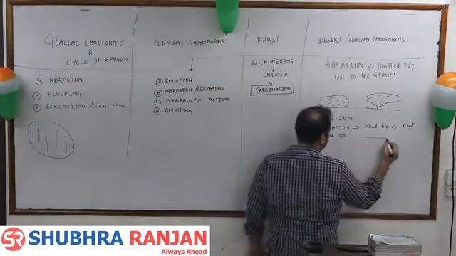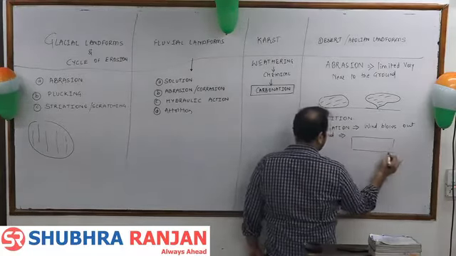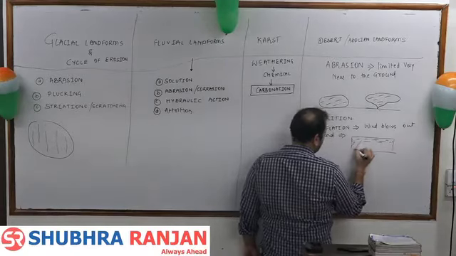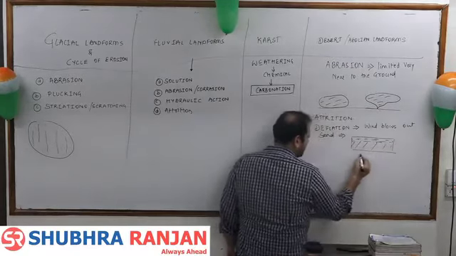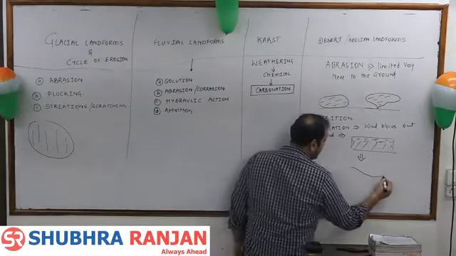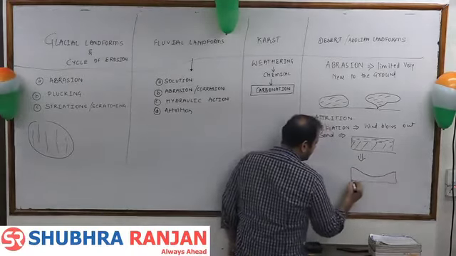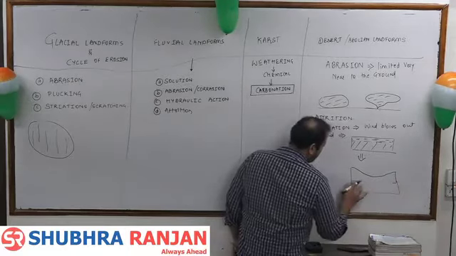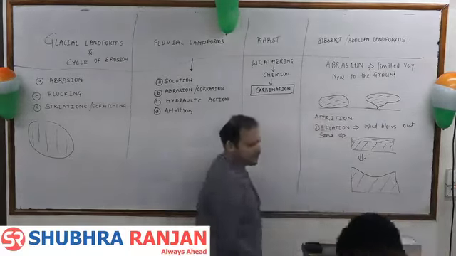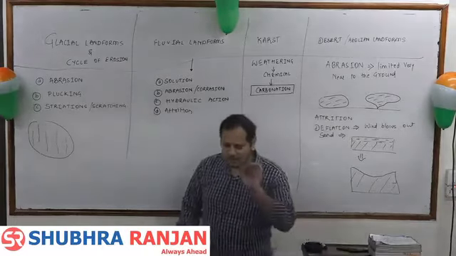If this is a region which is having sand at the top and a rock at the bottom, wind is blowing out, and as a result ऐसा गड्ढा बनेगा, and this is what is known as the process of deflation.